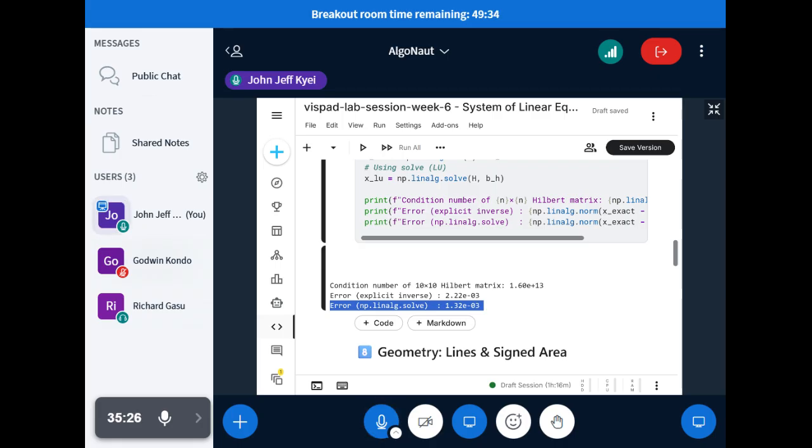So the whole idea is, even though you get the same answer, for a matrix that's complicated, or not really well conditioned, the matrix inverse is going to amplify the numerical errors.